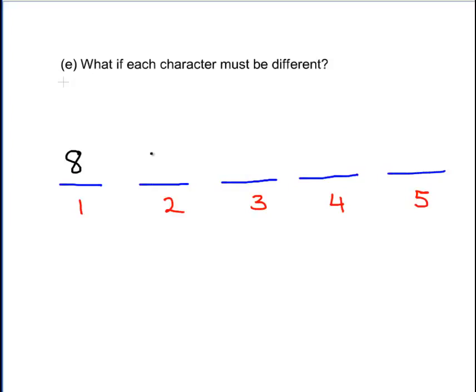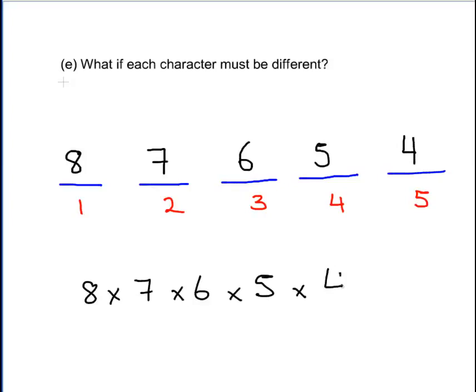Whatever was put in position 1 is gone. So in this case, we have 7 options to choose from. And now we move on. We've used 2, so we've only got 6 left here. Now we've used 3, we've only got 5 left. And now we only have 4 left for position 5. So 8 by 7 by 6 by 5 by 4, that is 6,720. So that is this presentation done. I'll leave it there.